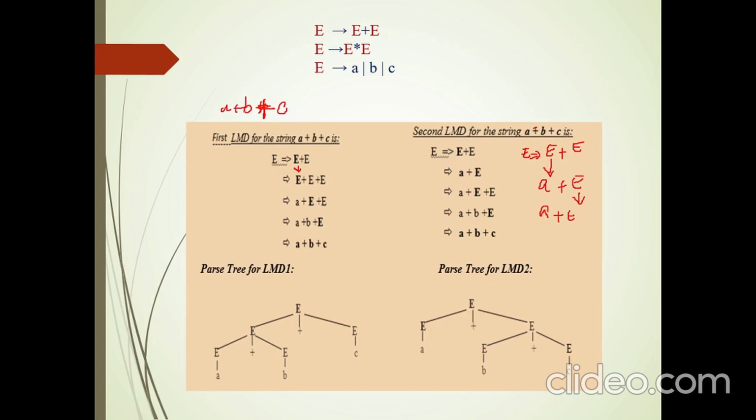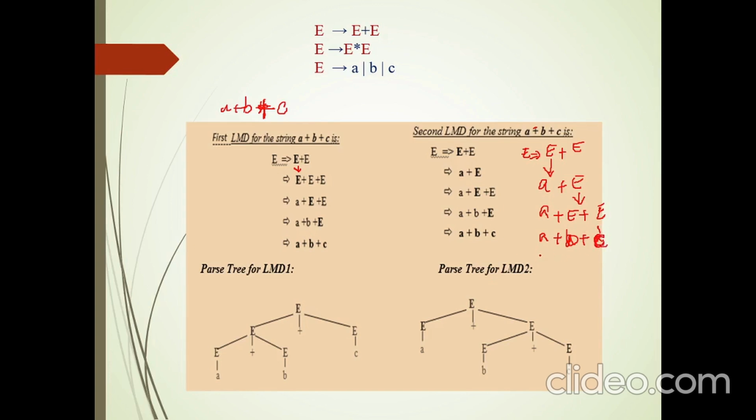This will give me E plus E again. And finally, A plus B plus C, where this E gives B, and this E gives C. So, two ways I can obtain LMD.